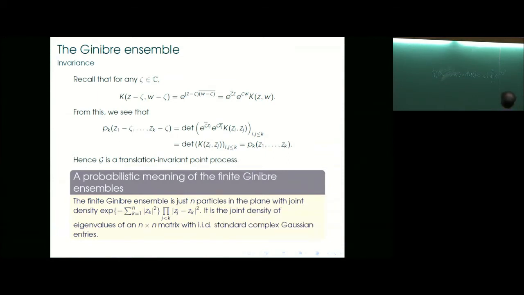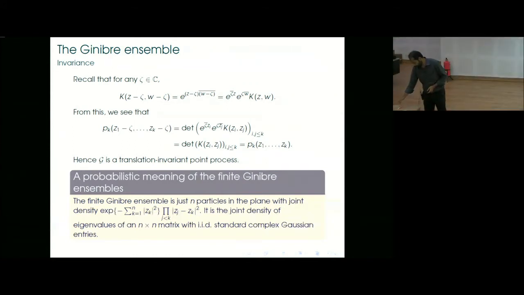So if you normalize, p1 of z is 1 over pi in the plane. So it is 1 over pi points per unit area. That's the expected number of points per unit area.